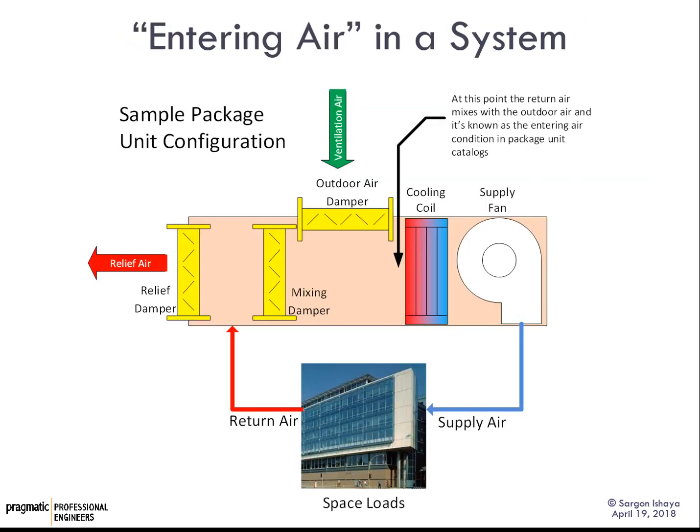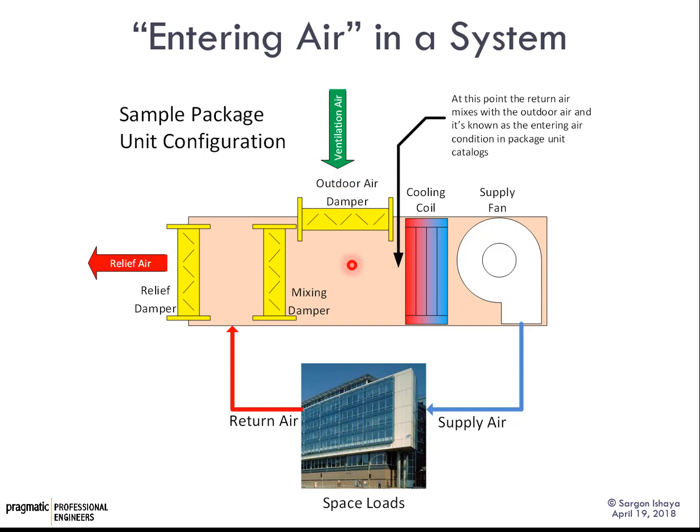Now, just to help you understand what that means, this is a schematic of a package unit. This section here is called an air side economizer. We're going to learn about those a little bit more later. But essentially, the return air comes here into the unit. It goes through a mixing damper.